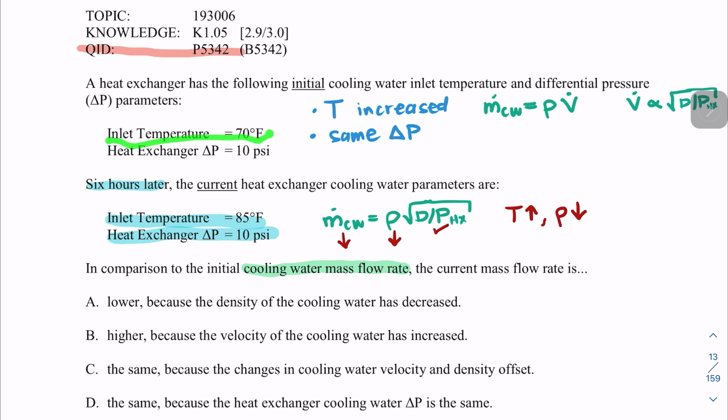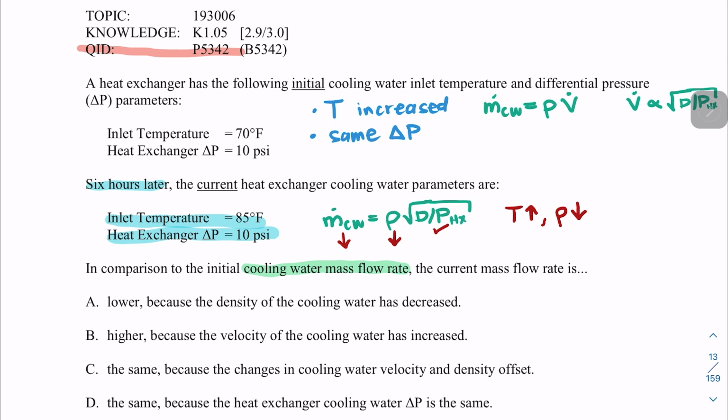My inlet is 70 Fahrenheit and my heat exchanger differential pressure is 10 psi. Six hours later, so I'm comparing, right, the current heat exchanger cooling water parameters are 85 Fahrenheit for my temperature, and my heat exchanger differential pressure is gonna be 10 psi.